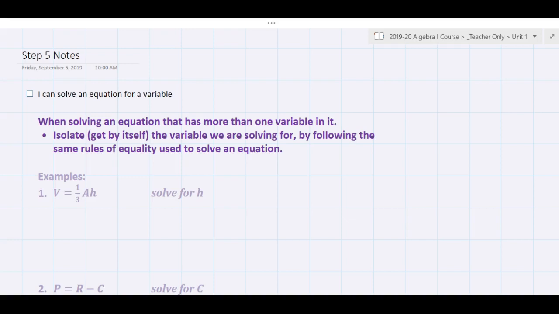So looking at example 1, the equation is b equals 1/3 a times h. We want to solve this equation for h. So h is the variable we want to solve for. We want to leave h right where it is and move the 1/3 and the a away from it.